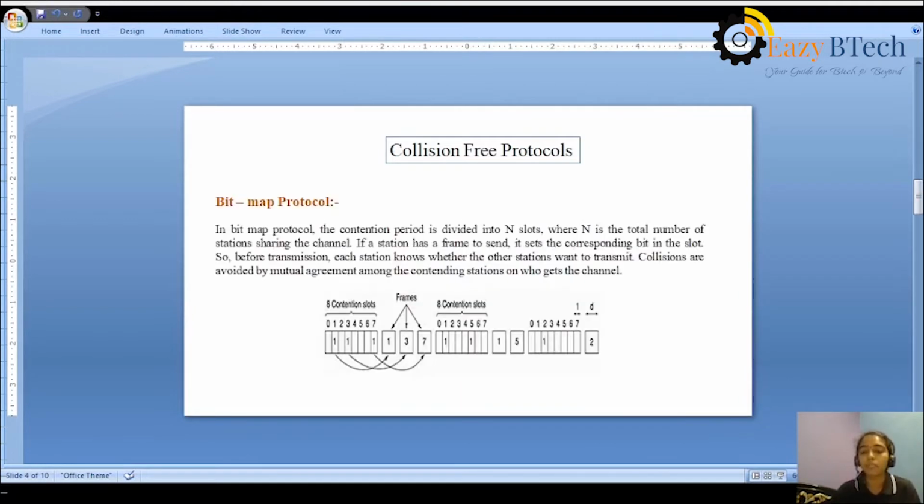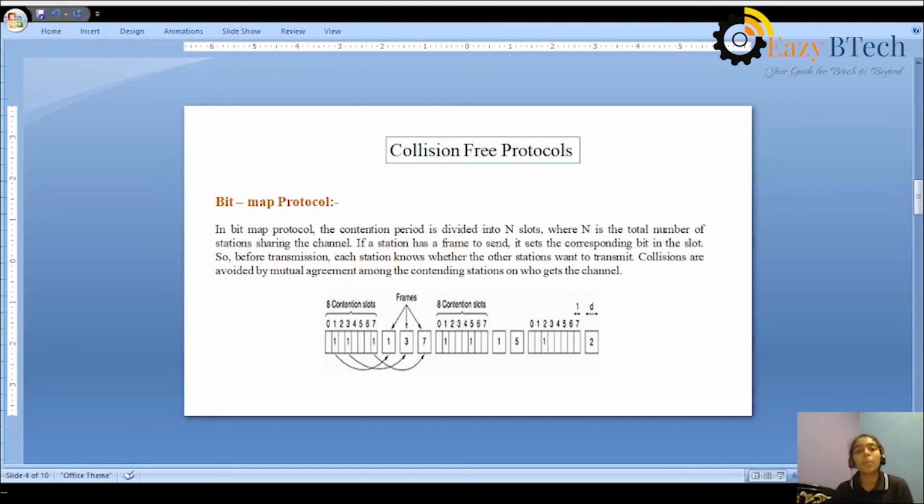What is meant by bitmap protocol? In the bitmap protocol, the contention period is divided into n slots. What is meant by contention period? It is the transferring time.